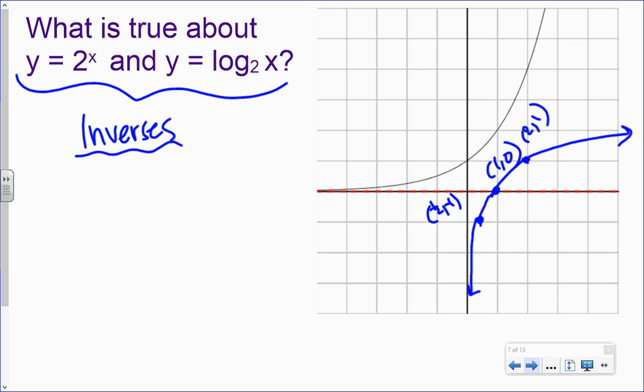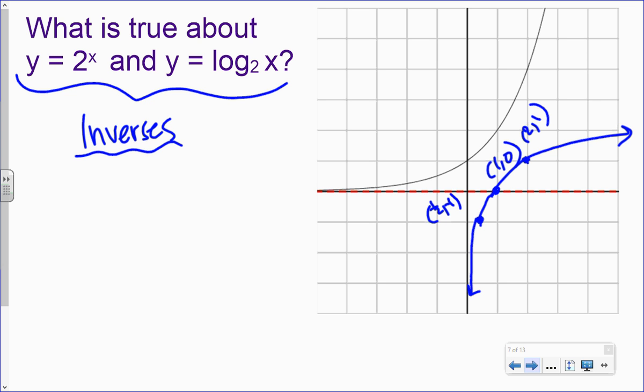Well, let's think about it. If we have y equals x, and we take this and we reflect it over, that's what we're reflecting it over, right? You're doing a good job seeing that symmetry. But what's going to happen to the asymptote?